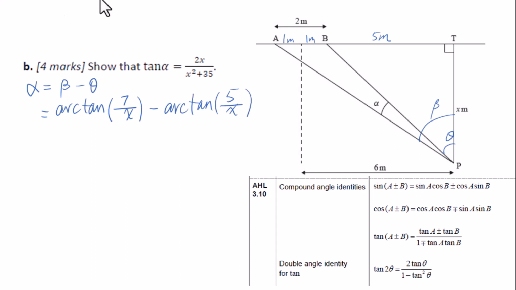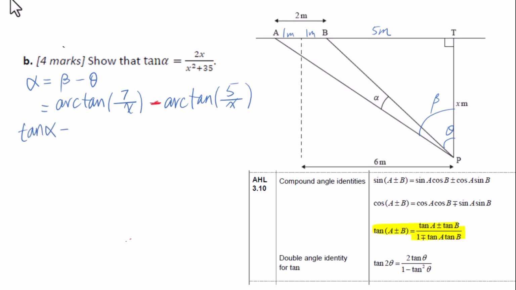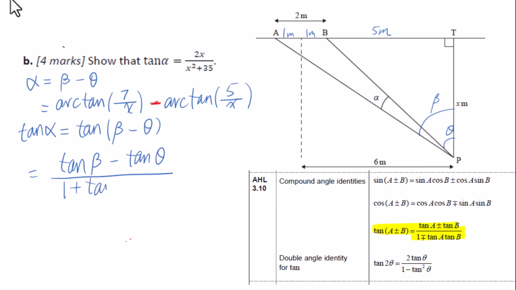We will use this formula to figure out tangent alpha. Tangent alpha equals tangent of beta minus theta, equals tangent beta minus tangent theta over 1 plus tangent beta times tangent theta.